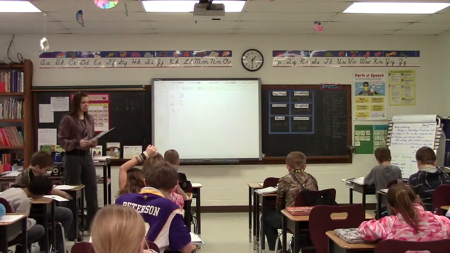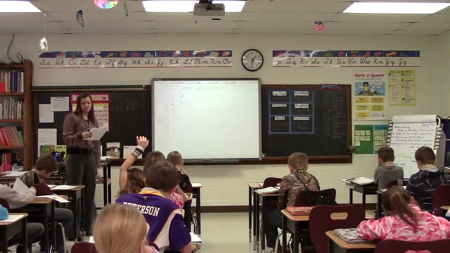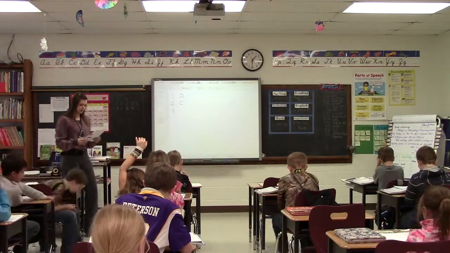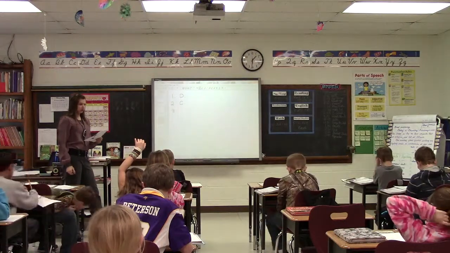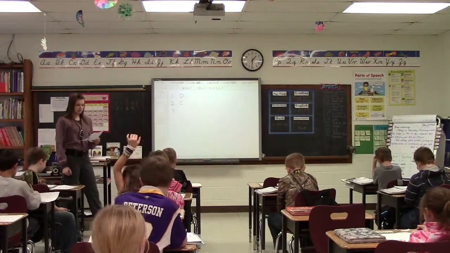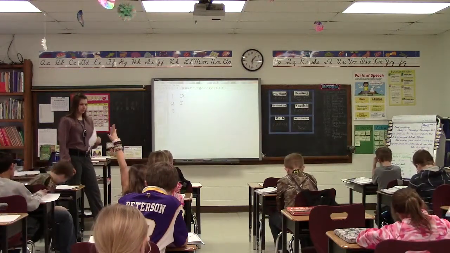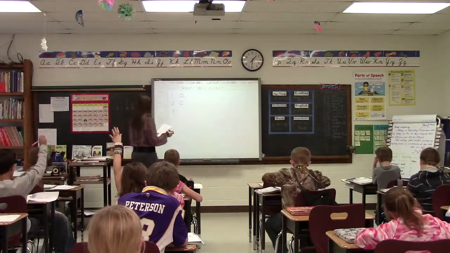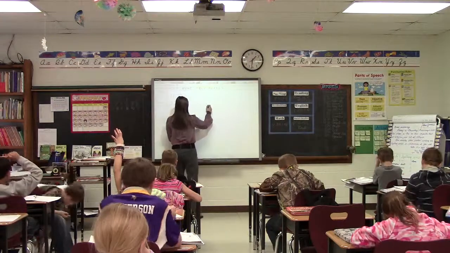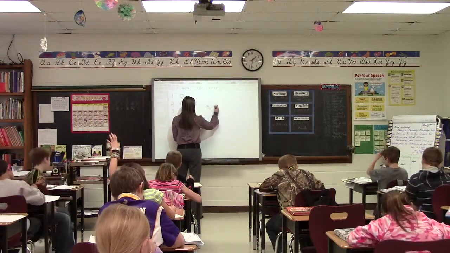Number 3, the populations of 4 counties in Texas are listed in the table. List the counties in order from greatest to least population. So they all start with 3,000. I'm going to write them over here so I have them up here.